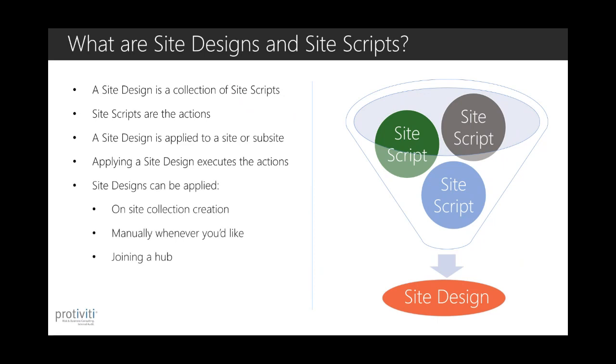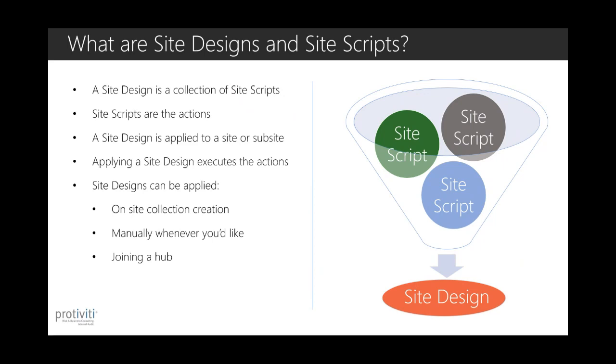So when site designs happen, they can be done on site collection creation, manually whenever you want, or when you join a hub. So those are the different areas when you can apply a design. The most common one by far is on site collection creation.